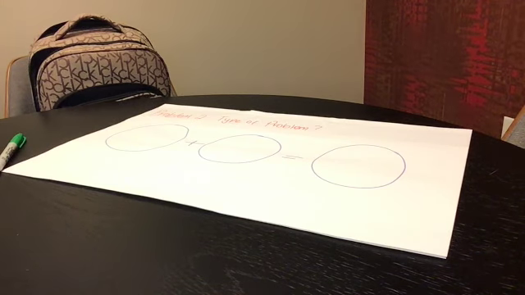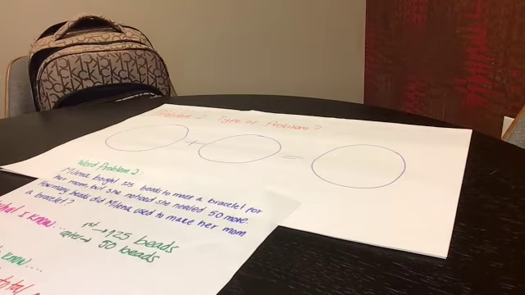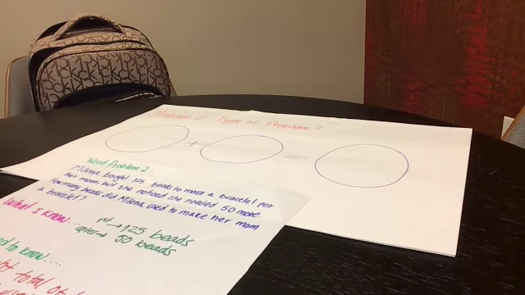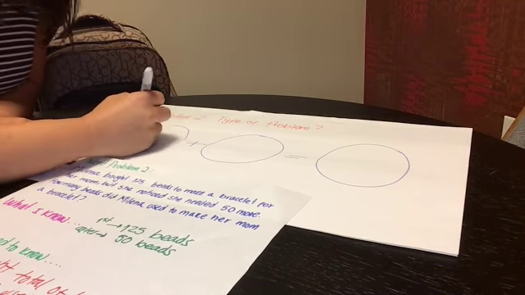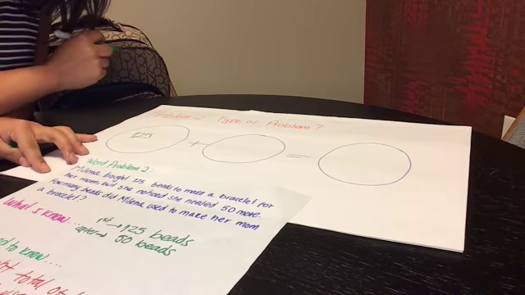In order to solve this problem, guys, I first need to know what type of problem this is. Well, I know that I have two parts here that are giving me the information. Part 1, guys, says that she first had 125 beads.